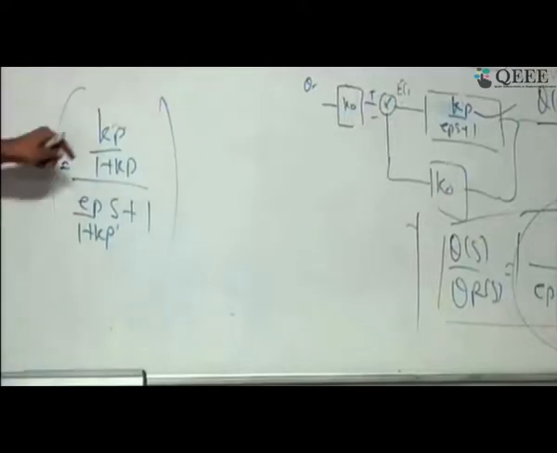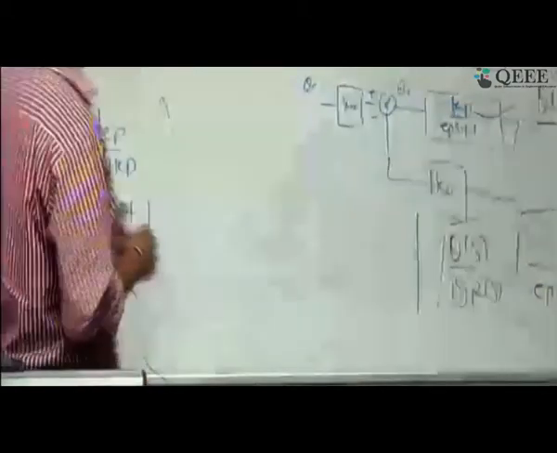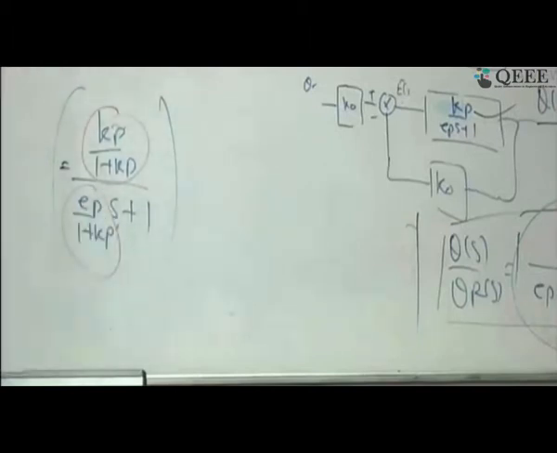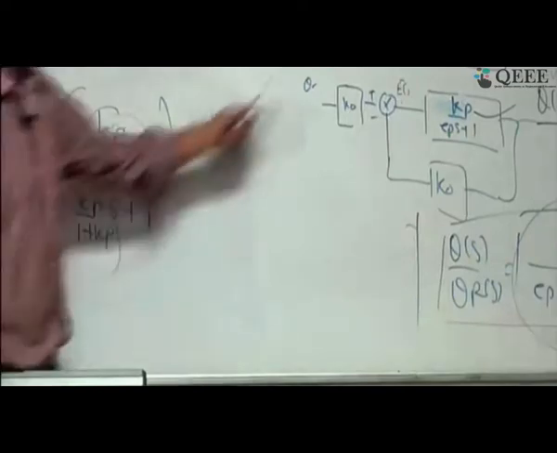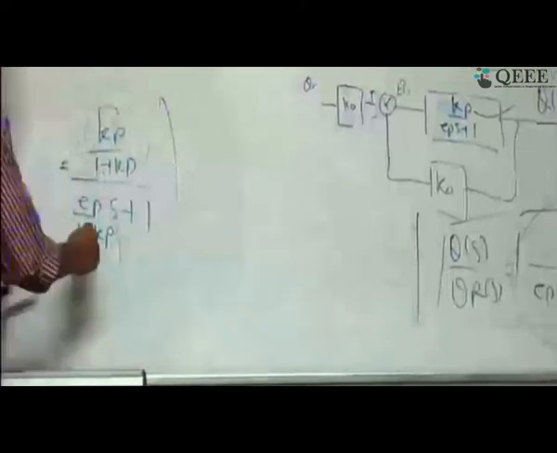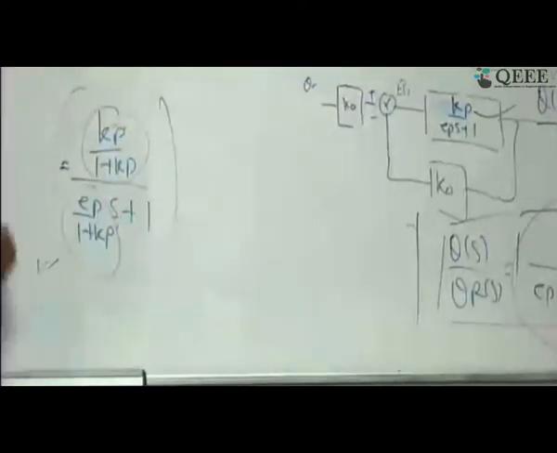This is the standard way of writing your first order system, where this is your gain and this is your time constant. Now look at it. If you increase the Kp, the time constant is coming down. It means your system is becoming faster and faster. That's the advantage. Can you see that if I add a proportional controller and keep on increasing the K, the time constant is coming down?